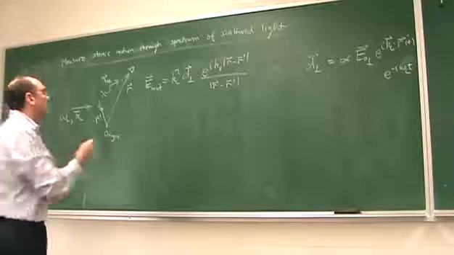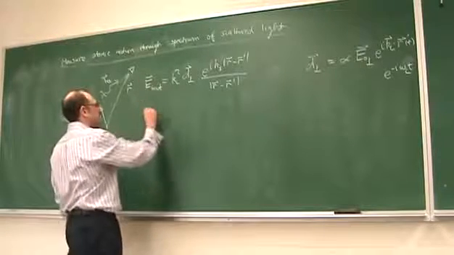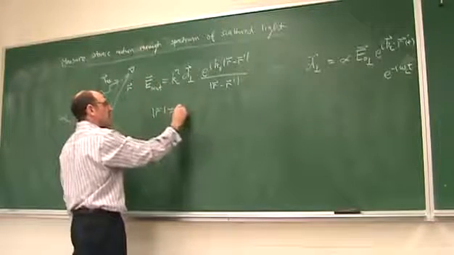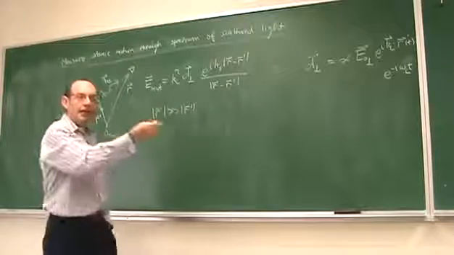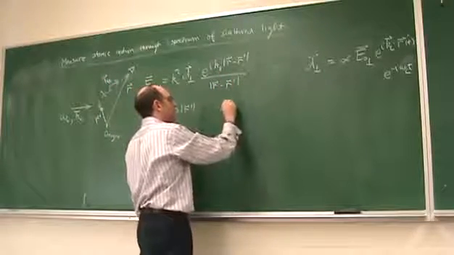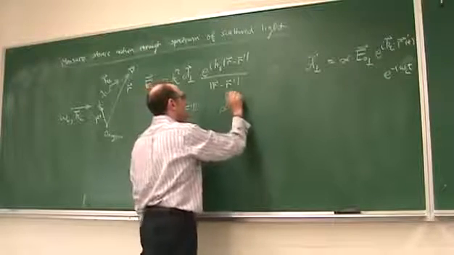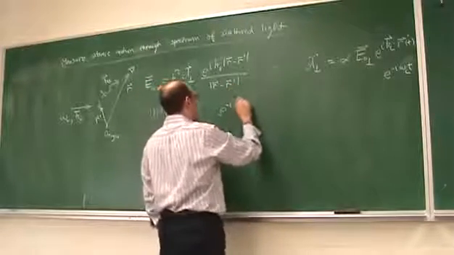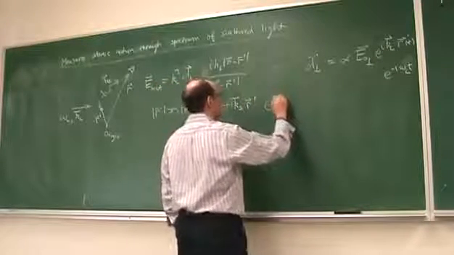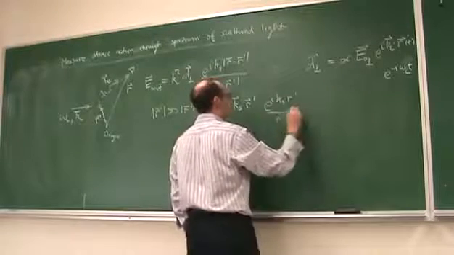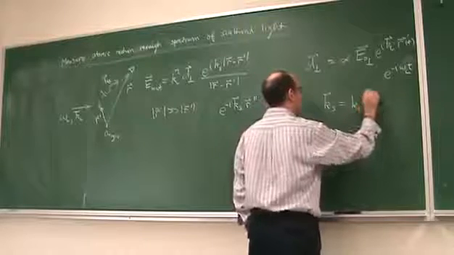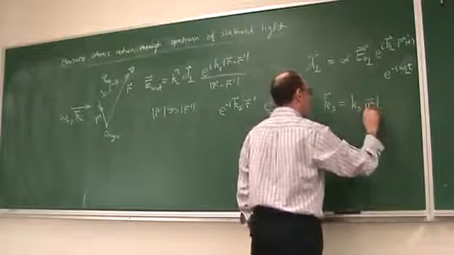Okay, so now if we go into the far field, if the position of the observation is very far away, then this spherical wave is phase shifted, or k_s in the direction of the observer.